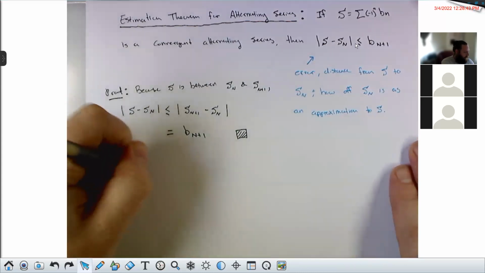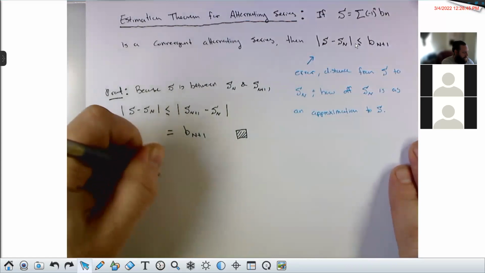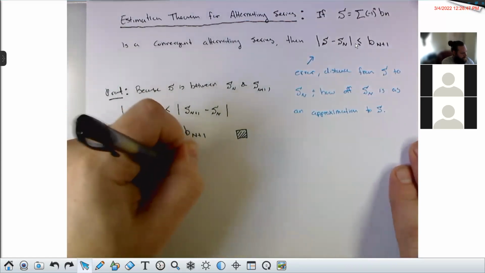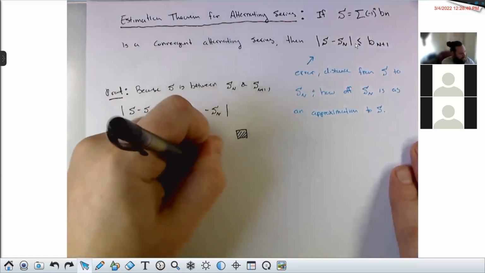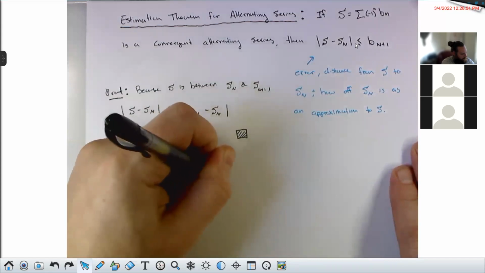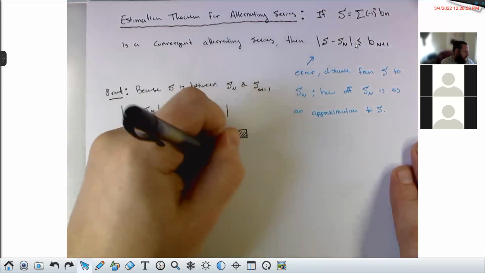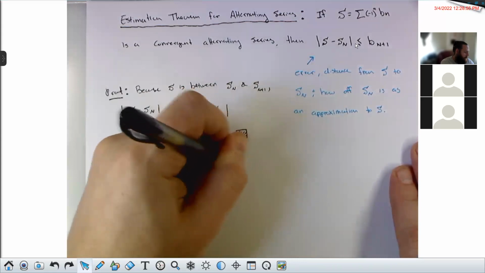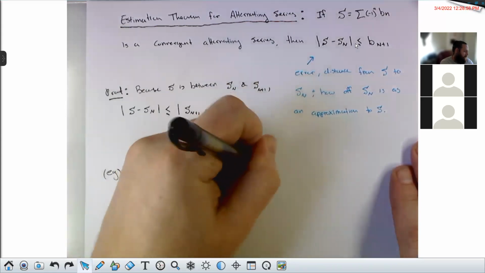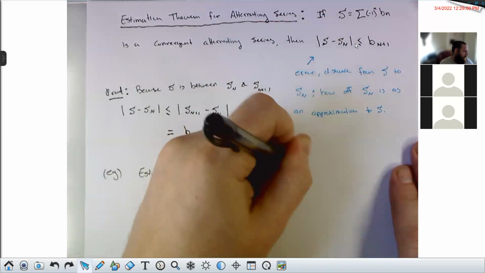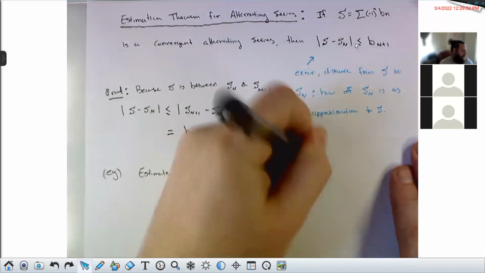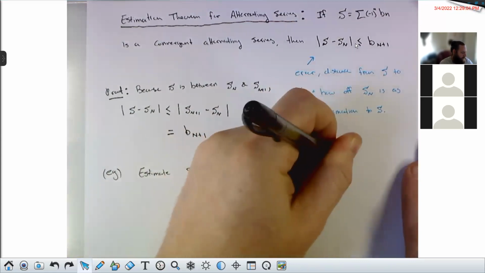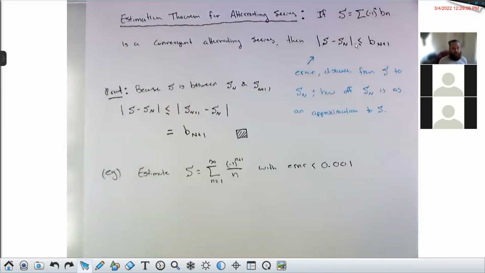So let's estimate the series we just worked with, the alternating harmonic series, the sum from n equals 1 to infinity of -1 to the n plus 1 over n, with error less than 0.001. That means the first decimal is guaranteed correct, the second decimal is guaranteed correct, and the third decimal could be off by 1.